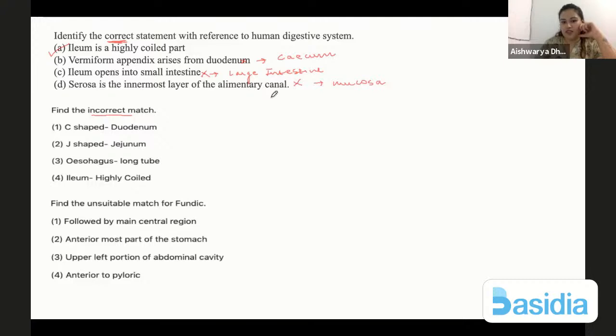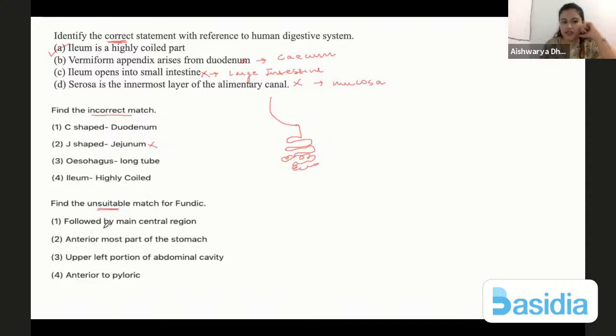Duodenum is the C-shaped one entering the small intestine. Then here you have the jejunum, and then you have the highly coiled ileum. So this one is incorrect. All others are correct.